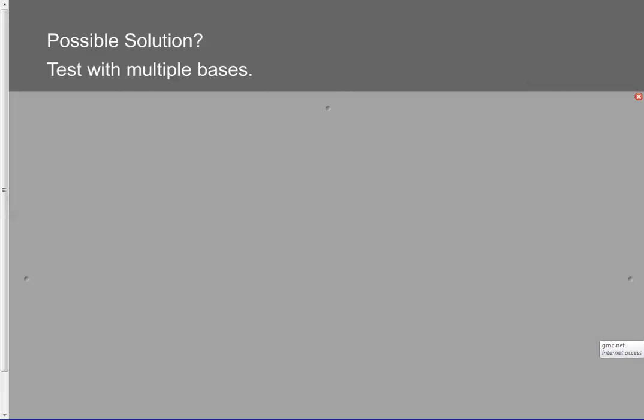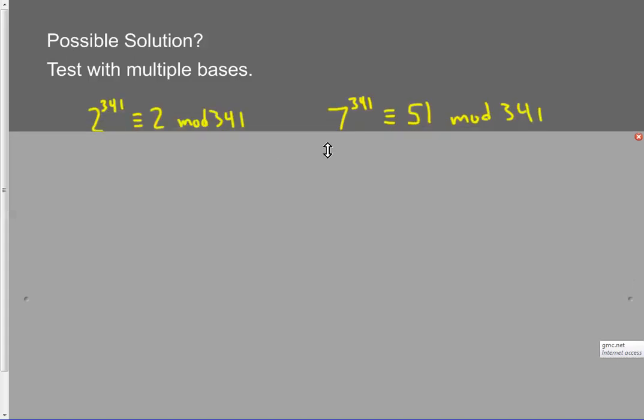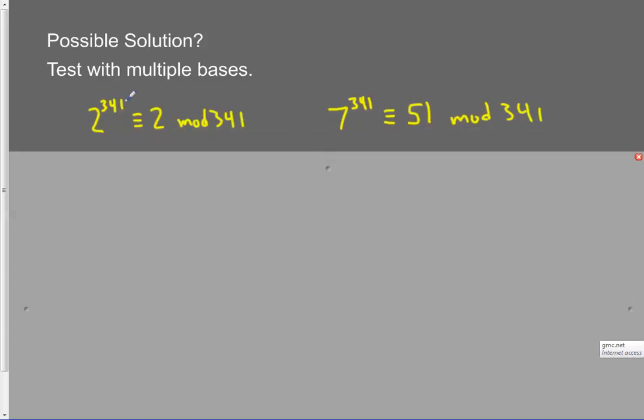One thing we can do is we don't have to only pick one a. We can test against multiple bases. We can test with an a of 2, we can test with an a of 3, and so on. So, for example, 341 was a pseudoprime, right? It passed the test with base 2. 2 to the 341 was congruent to 2 mod 341, as if 341 was a prime.